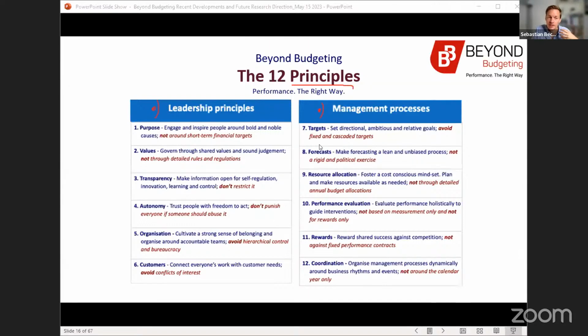So you don't have, as in traditional budgeting, fixed and cascaded targets, but you will actually have directional, ambitious, and ideally relative goals. And the management processes and the leadership principles, as I said, should be in alignment or in coherence.